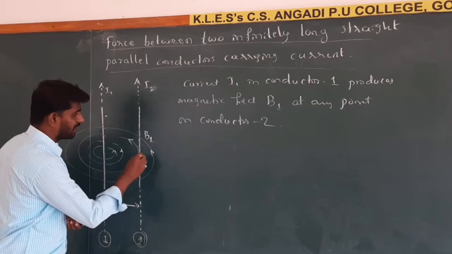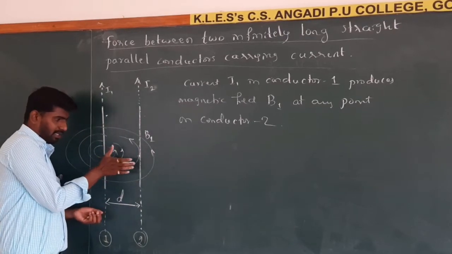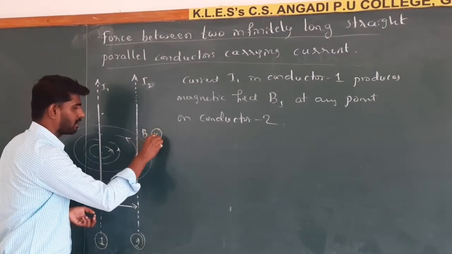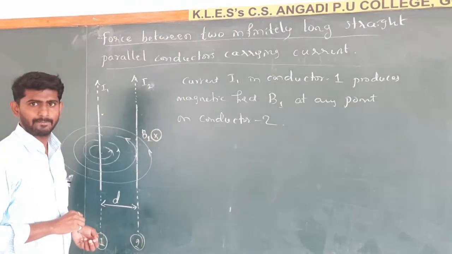What is the direction of the magnetic field? See here, coming from conductor 1, this magnetic field is inward. Inward, so I draw it like this.